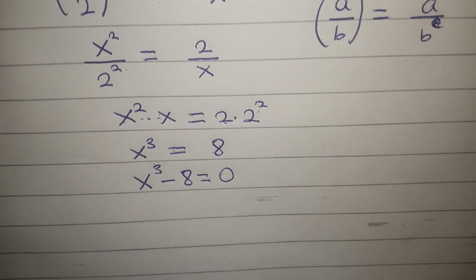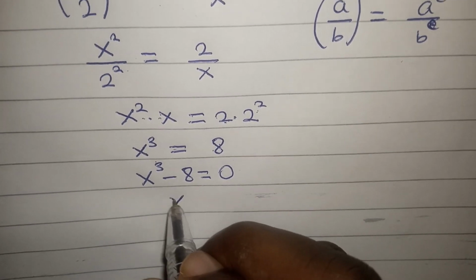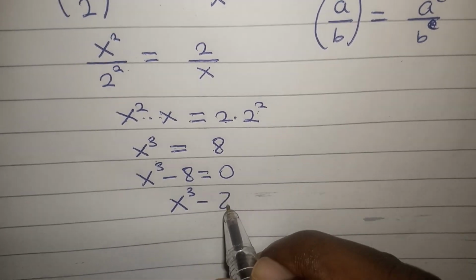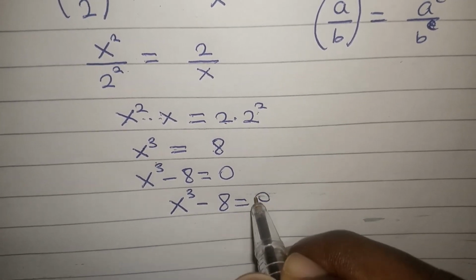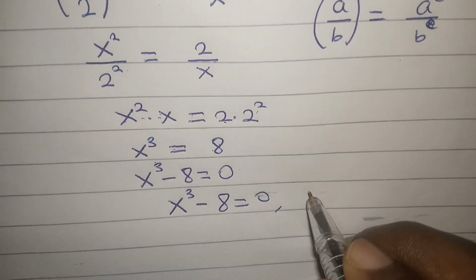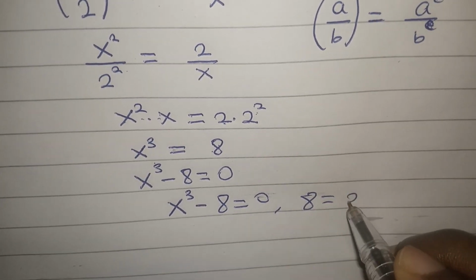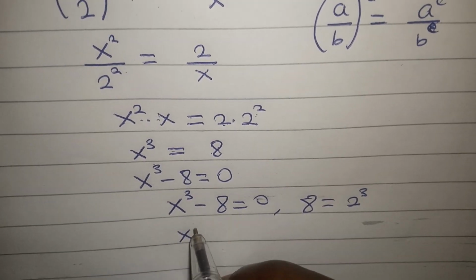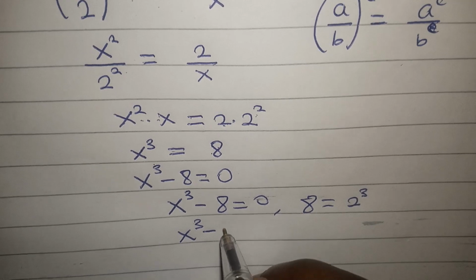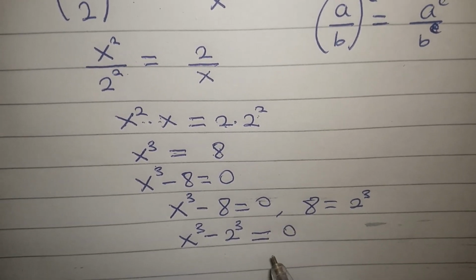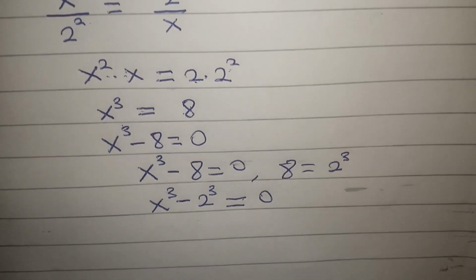So we say x^3 minus 8 equals 0. Also note that 8 is equal to 2^3. So you can see x^3 minus 2^3 equals 0.